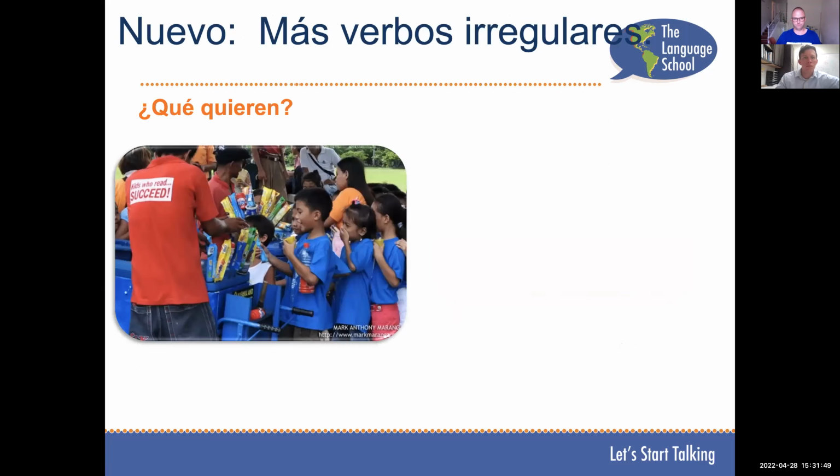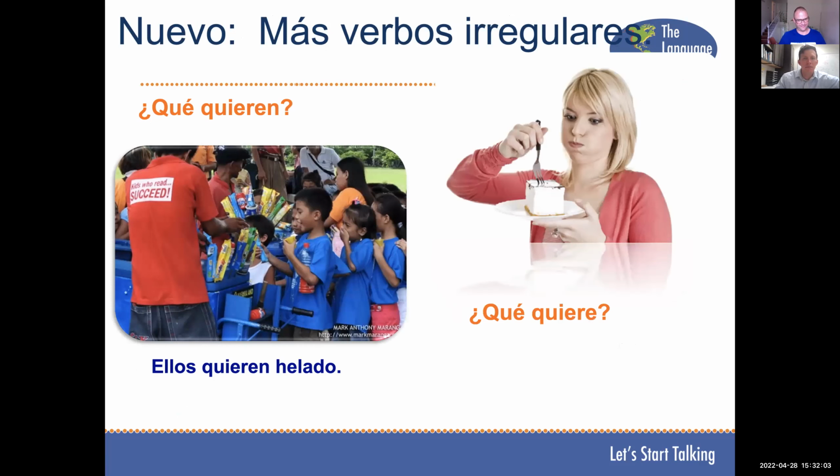¿Qué quieren? ¿Cómo se dice ice cream? Helado. Quieren helado. Muy bien. ¿Qué quiere? Oh gosh, pan.